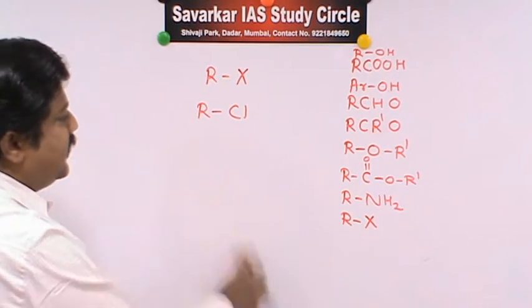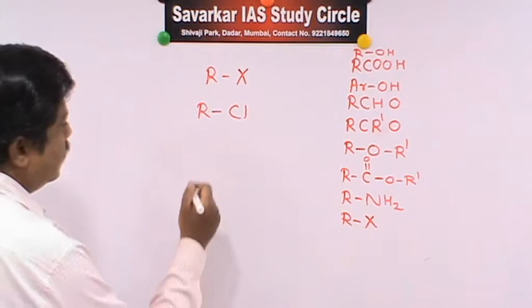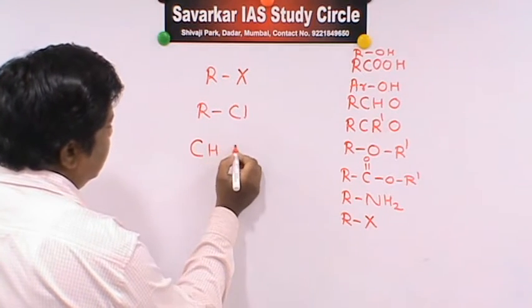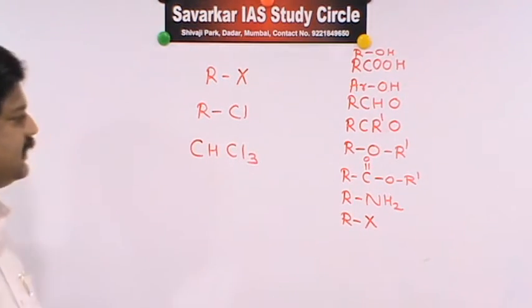Out of that, the important halide you are familiar with is CHCl3. You must have heard about chloroform. This is the formula for chloroform, which was used in earlier days in surgery.